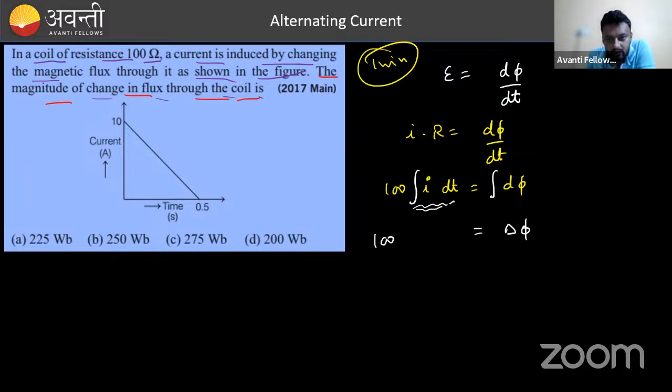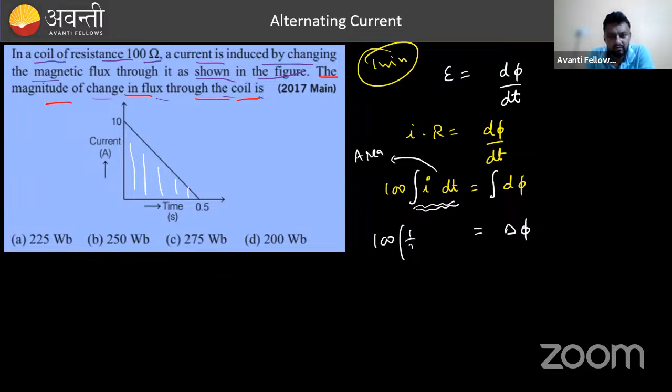Area under the I-t curve. And this area is this one. Can you get this area? So this I dt part is nothing but the area. You can easily calculate this area.